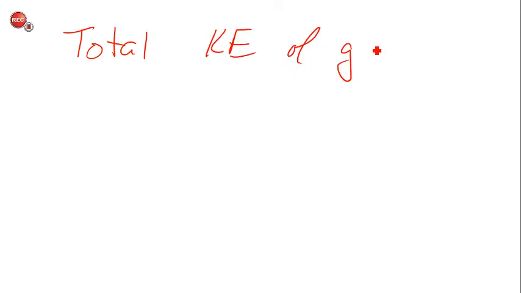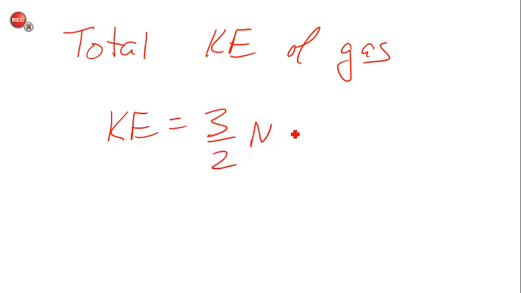The total energy of a gas is 3/2 the total number of particles times Boltzmann's constant times the temperature. And anytime you see NkT, you can replace it with pressure and volume.